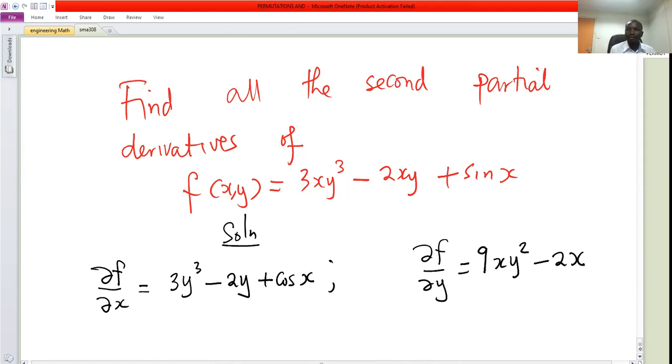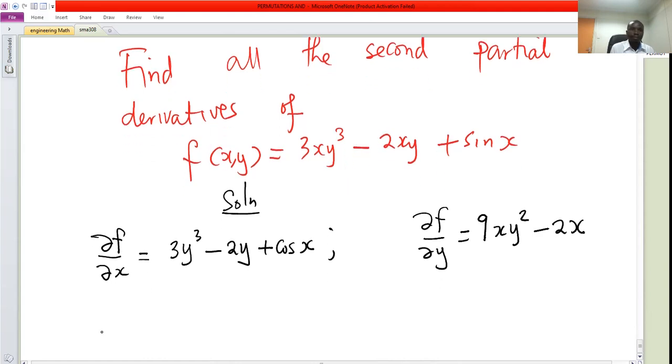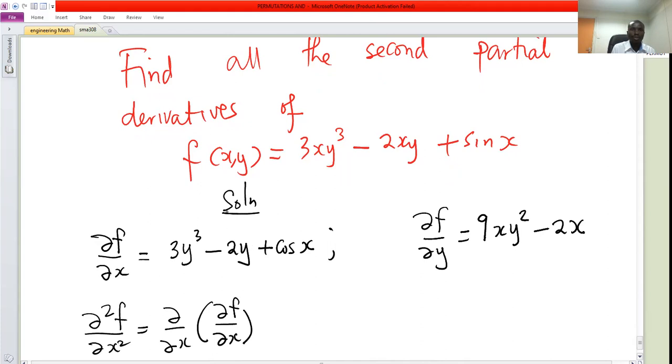And then partial squared f partial x squared is given by partial x of partial f partial x. So similarly, you differentiate this function with respect to x, which will be just minus sine of x.